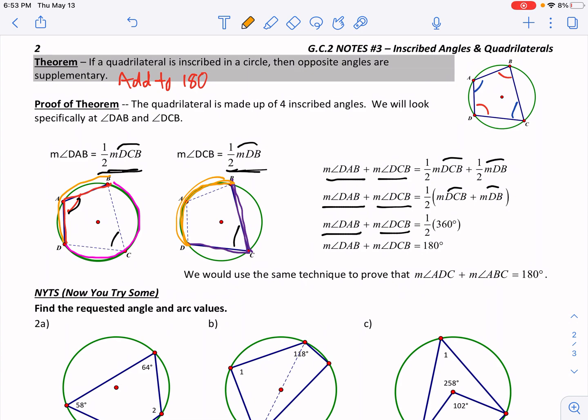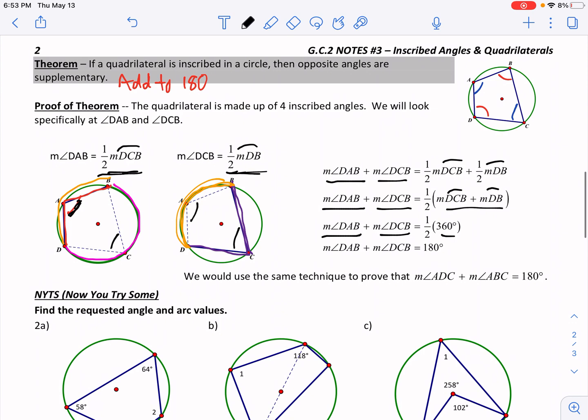So if we add both of these arcs, it's 360 degrees. Okay, well, what's half of 360? 180. So what we showed is these opposite angles there are supplementary because they add to be 180 degrees. So that's the proof behind it.